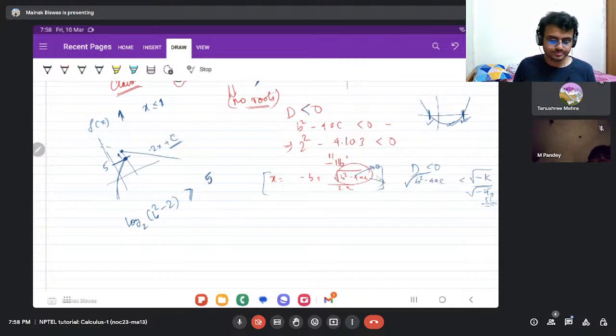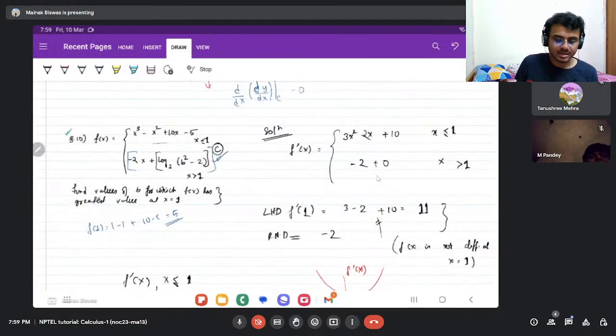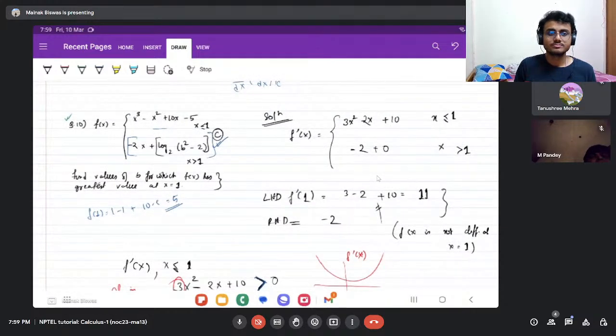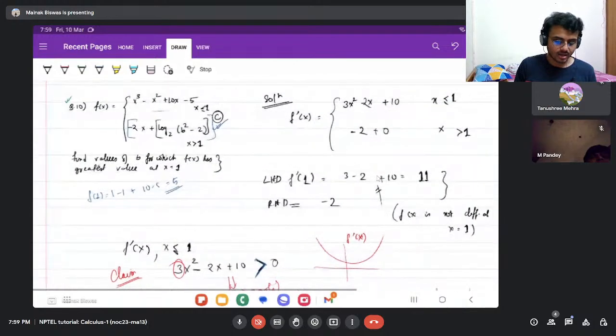Agreed? This right hand side must be greater, right? So at x equal to 1, you want to have f(x) as the greatest value, or should it be lesser? f(x) at 1 should be the greatest value.